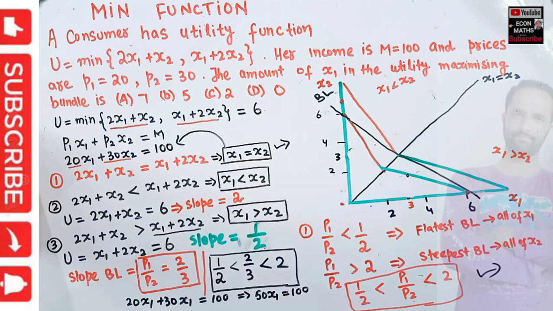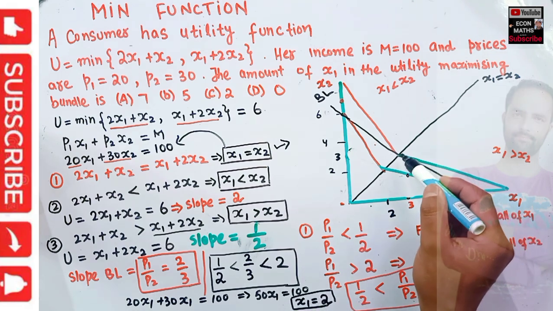That means x1 will be equal to 100 divided by 50, which is 2. So the consumer will consume 2 units.